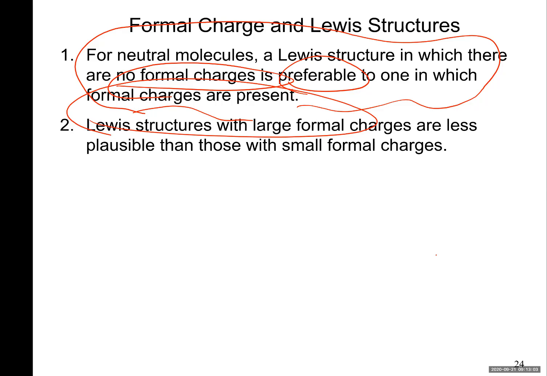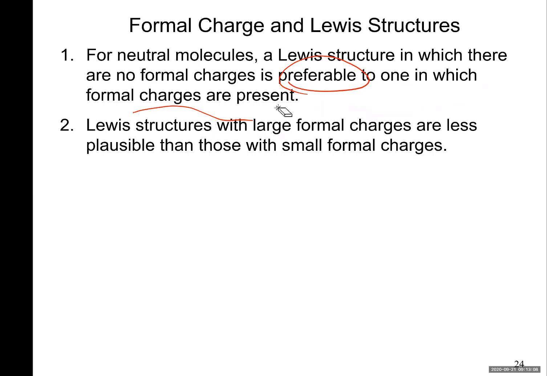Next, if there is no choice, suppose in the example I gave you, the cost at Macy's is $10 on your credit card. At Walmart, the credit card charge is $5. That means, suppose there is a molecule which has to have formal charge.